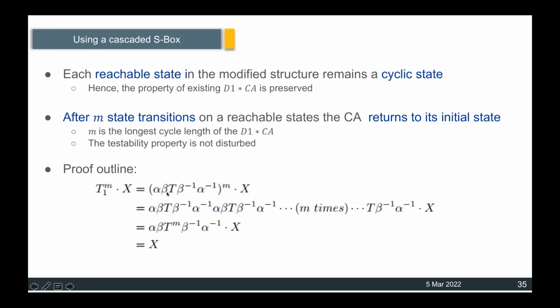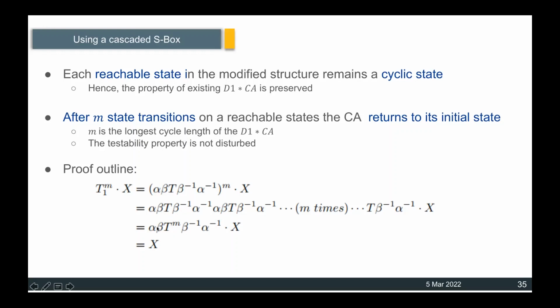If I take this alpha beta T beta inverse alpha inverse and I apply it m times successively, then you can extend this, and you can write alpha beta T, beta inverse, alpha inverse, and then the next structure will be alpha beta T, and so on. So now alpha inverse and alpha will get cancelled out, beta and beta inverse will get cancelled out, and so on.